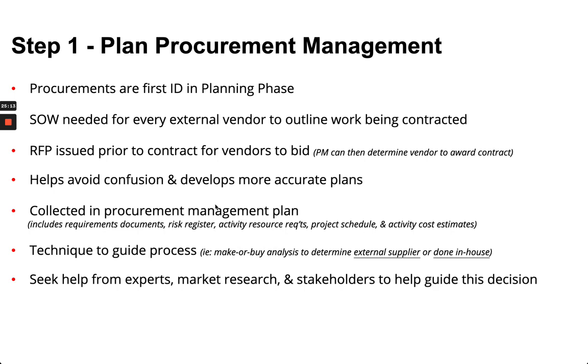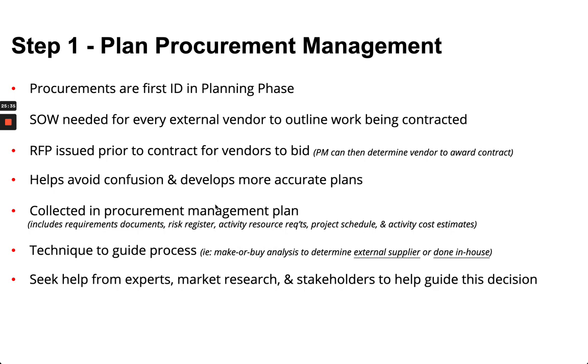So you, maybe and/or with your stakeholders, will then determine which vendor outside of your both mutual organizations is best matched to what we're trying to do in this project.